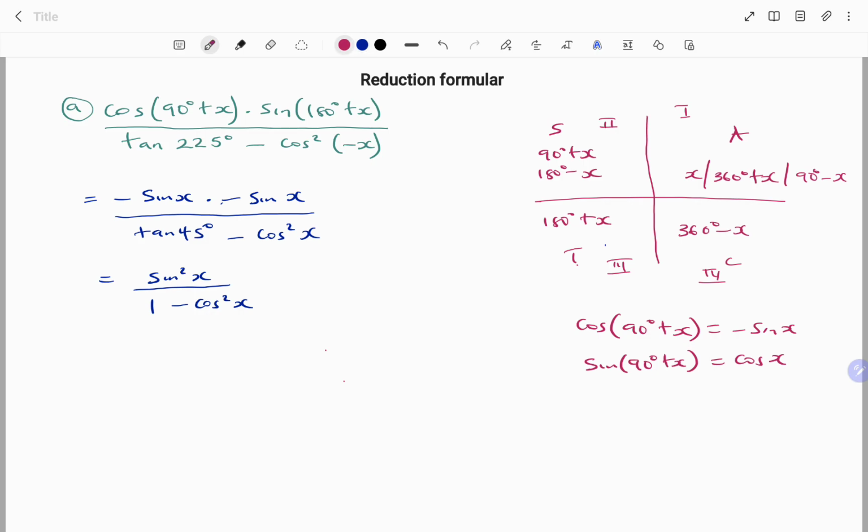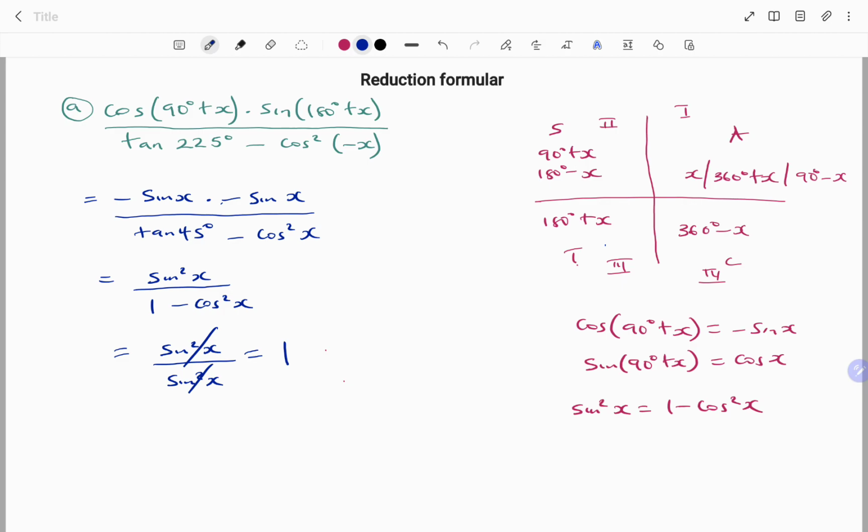In our trig identities, we have sin² x equals 1 minus cos² x. We got that from sin² x plus cos² x equals 1. So we have sin² x over sin² x, and that will give us 1.